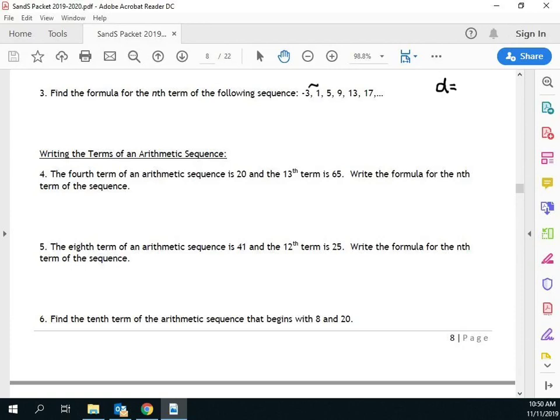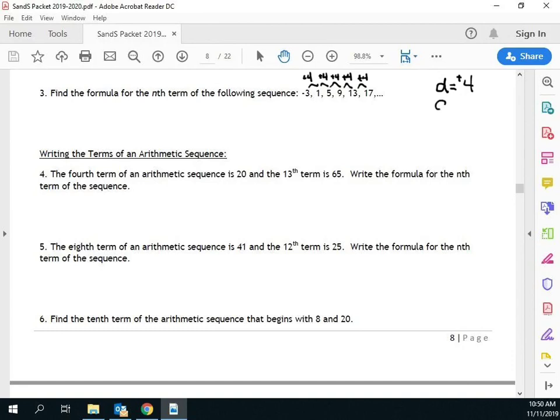Here, what's the common difference here, guys? Plus 4, minus 4? Plus 4. Is that the same here? Is it the same all the way across? Yes, it is. So we have the common difference of plus 4. I'll just put a little plus sign there.